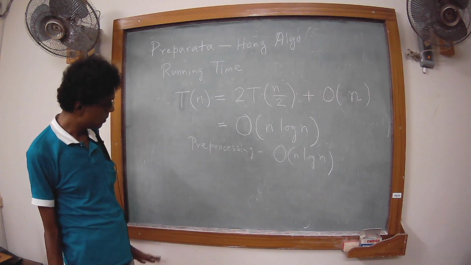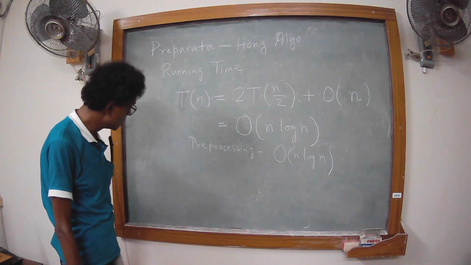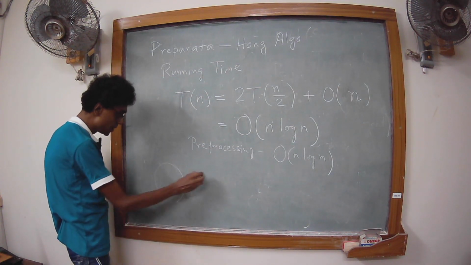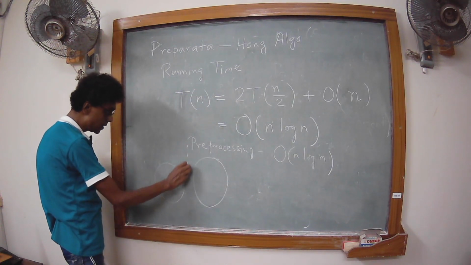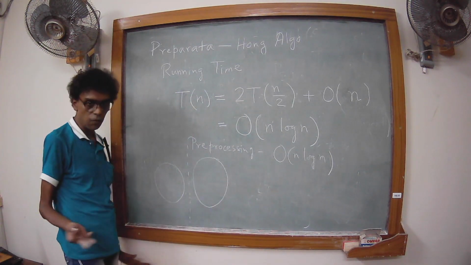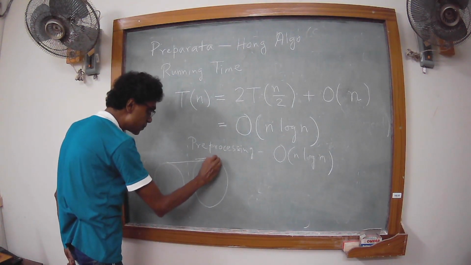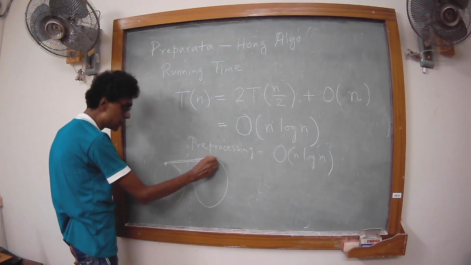Good. One thing I would like you to investigate as an exercise is the correctness of the merging procedure. So, what is there to prove? Let us say this is the common upper tangent.